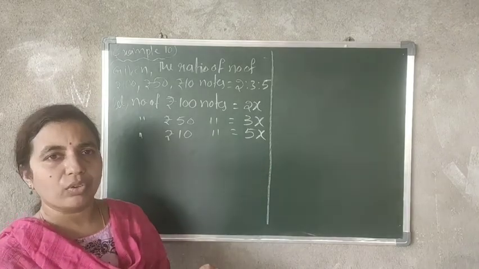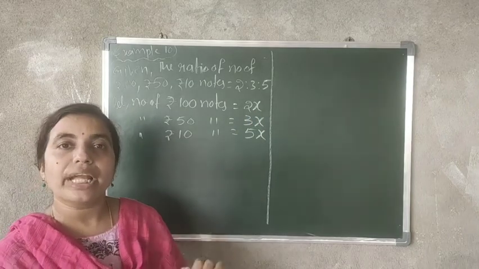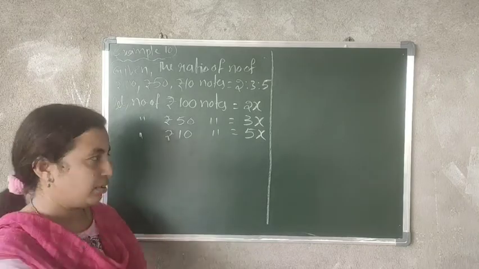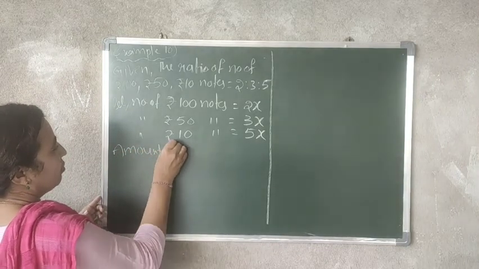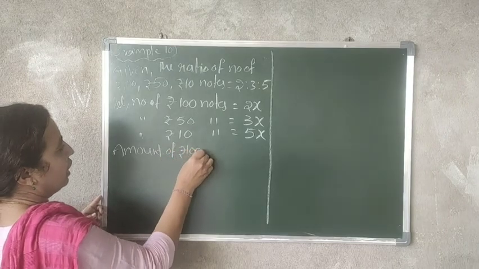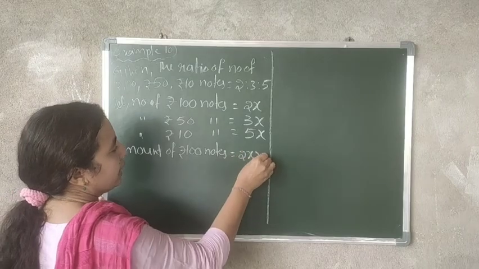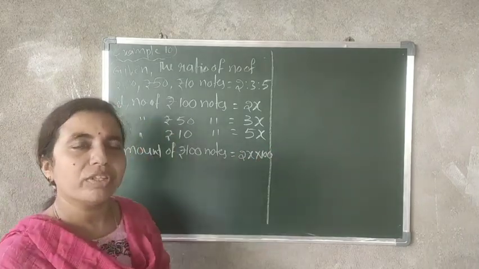Now, same like that here. How many 100 rupees notes does he have? 2x notes of 100 rupees. So the amount of these 100 rupees notes is 2x into 100.